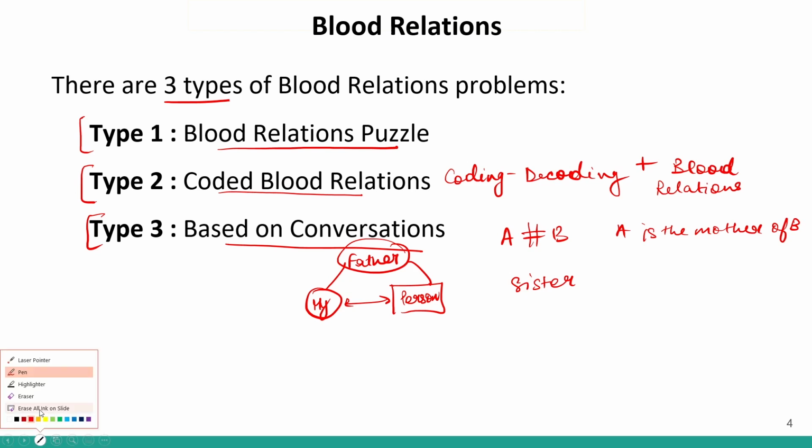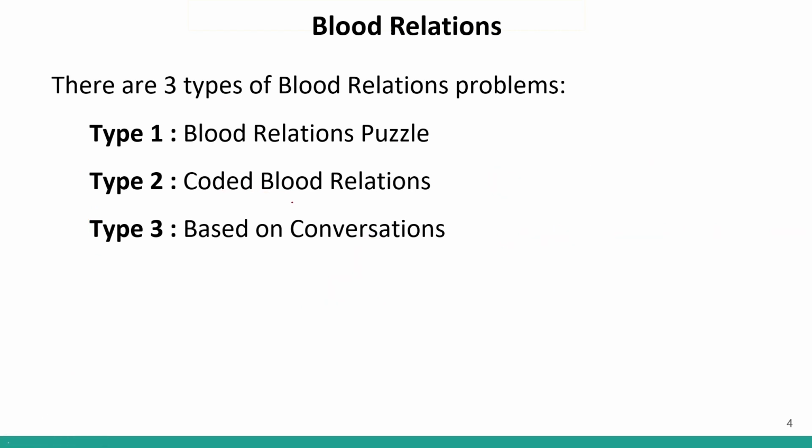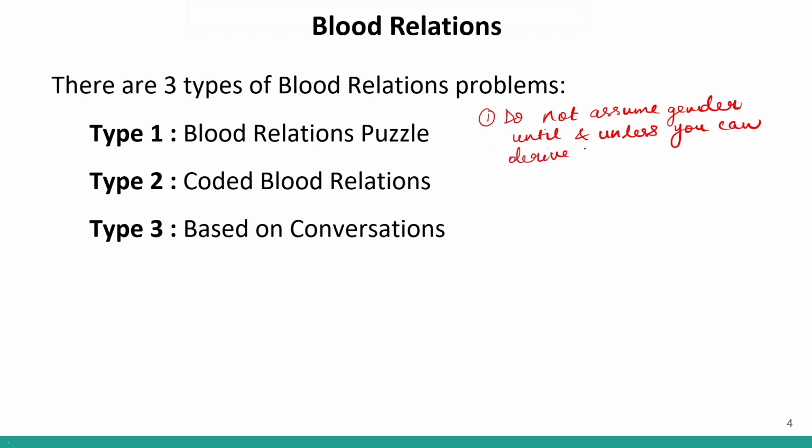But before we start that, there are certain points that I want you to remember. Okay, the first point is, do not ever assume gender. Do not assume gender unless you can derive it from the information given in the question.